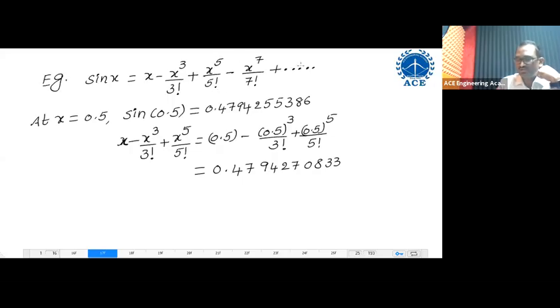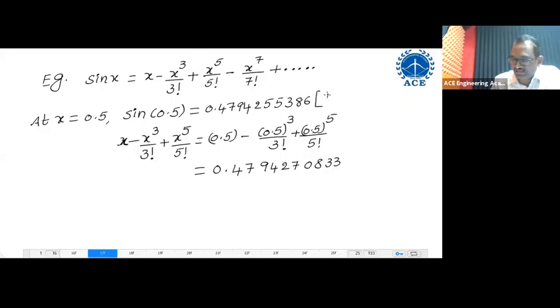From x power 7 by 7 factorial onward, we are omitting the remaining terms. By omitting from here to infinity, it will contribute a little bit of error. That little bit of error is called truncation error.